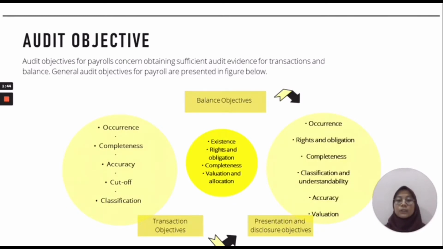Completeness is all disclosures that should have been included in the financial statements have been included. And third is classification and understandability. Financial information is appropriately presented and described, and disclosures are clearly expressed. And the last one is accuracy and valuation. Accuracy and valuation is financial and other information are disclosed fairly and at appropriate amounts.